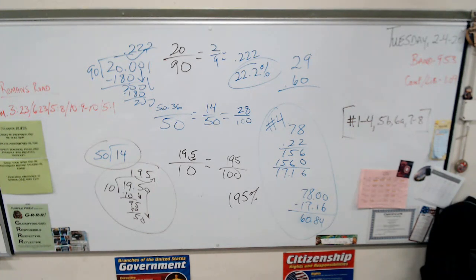Number 5, 105 is decreased by 78%. Casey's going to take 105, multiply it by 0.78. Why? Because 78% is 0.78. Whatever she gets when she multiplies those two, she's going to subtract that from 105, because it's a decrease.